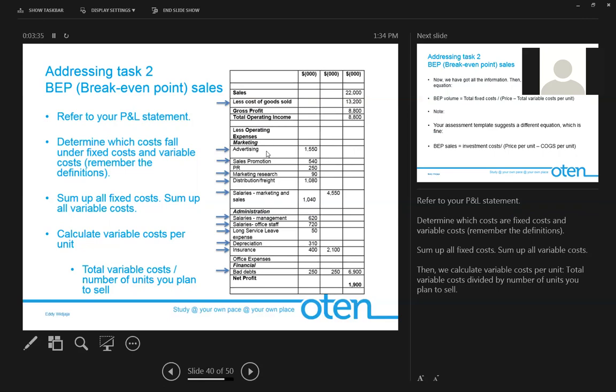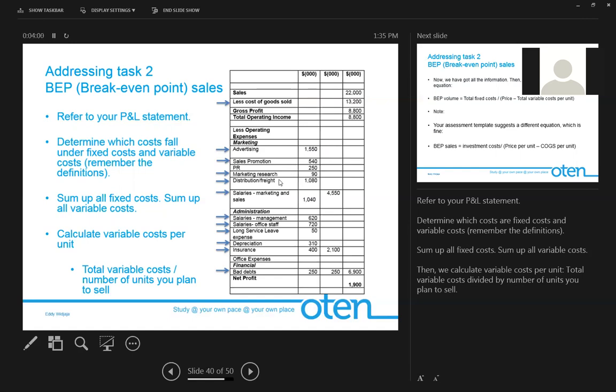Now advertising, right? Well, with advertising, you can argue that regardless of the volume that you sell, you still have to pay your advertising agency. If this is the amount of money that you have committed and you have signed, you still have to pay for it, regardless of the volume that you sell or produce. Okay, same thing for the other marketing costs.